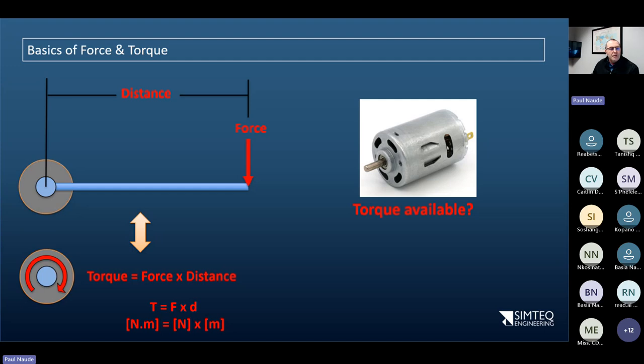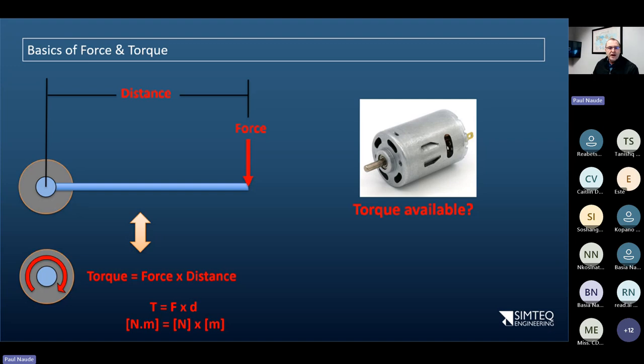So if you have a motor and you have the axle of the motor and that axle applies a torque, you could easily measure the torque by applying an arm to that axle and measure the force that is acting at a specific distance.